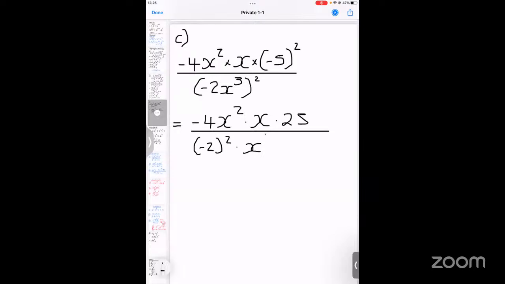Then we have x3, that is multiplying that. So now can you see, we can try to group them, that number multiplying that one. So it's like we have -4, which is multiplying 25, and then we have x to the exponent of, you see now the bases are the same. What do you do when the bases are the same? You add their exponents. So it's like you have 2 that you added with a 1 divided by, what will be -2 to the 2?